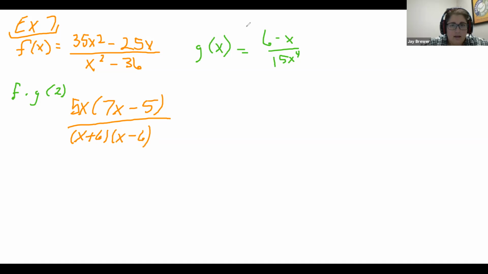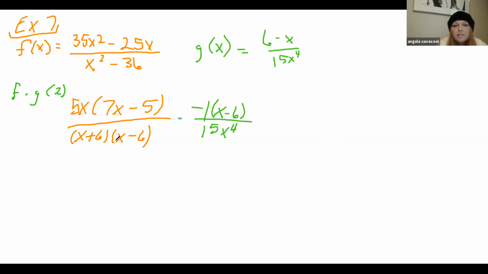Okay. And then we're going to multiply it by g of x. So the bottom will be 15x to the 4th. Now I am going to pull out my -1 so that you guys can see the cancellations. So what can we cancel?